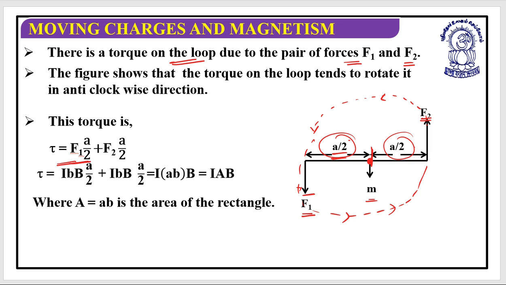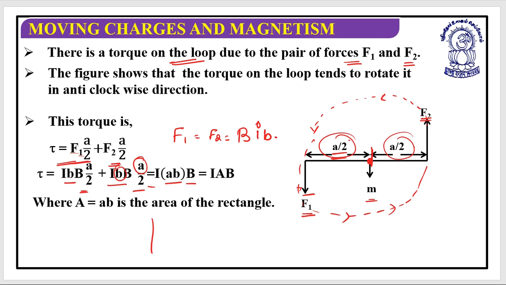This torque equals F1 into a by 2 plus F2 into a by 2. Let's replace the values of F1 and F2, where F1 equals F2 equals BIb. So it is BIb into a by 2 plus BIb into a by 2. This gives a multiplied by b multiplied by B multiplied by I.